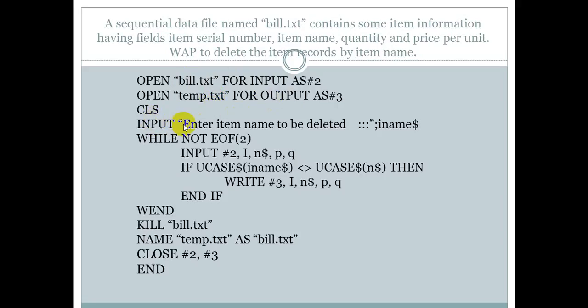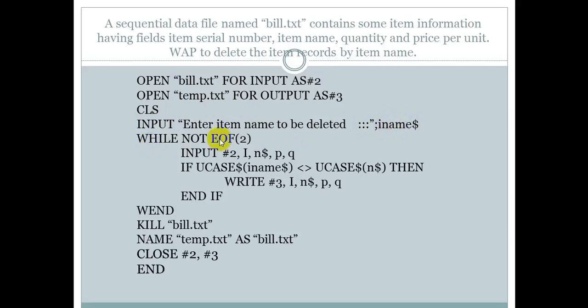Then CLS, input: enter item name to be deleted. Which item name are you going to delete? So enter the item name. Item name$ is the variable that stores which item is going to be deleted. Suppose item name$ is laptop.